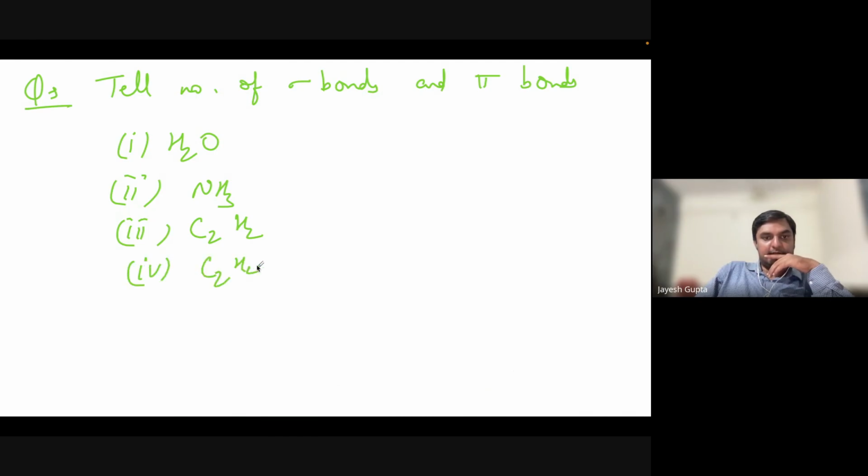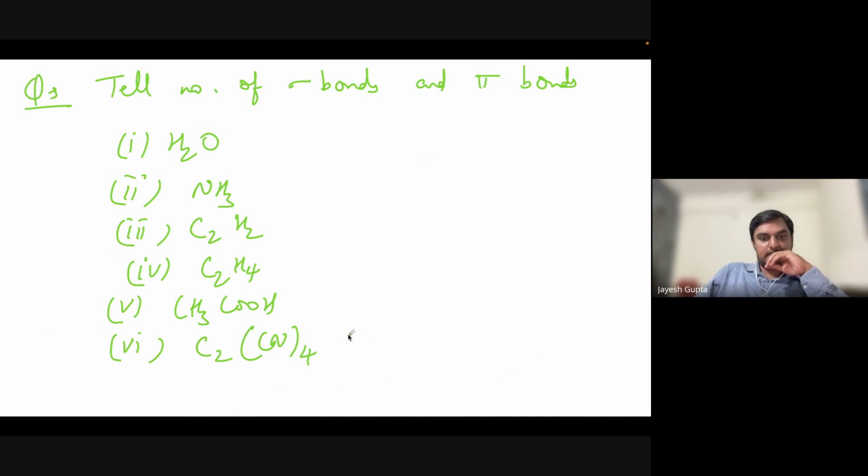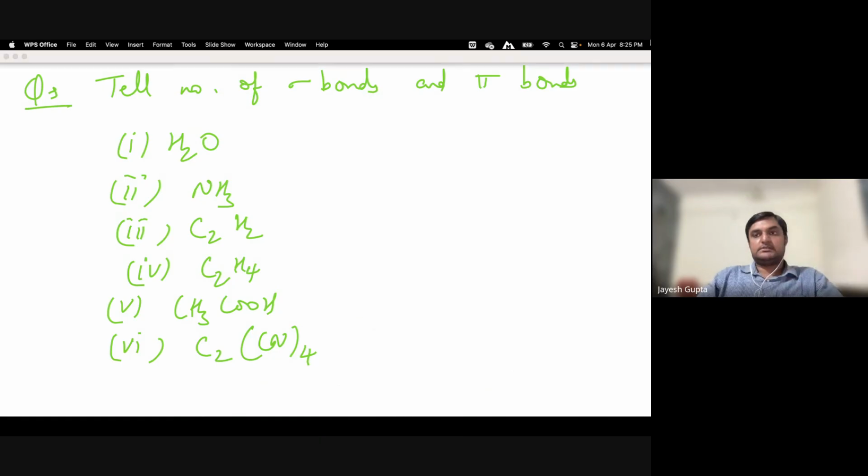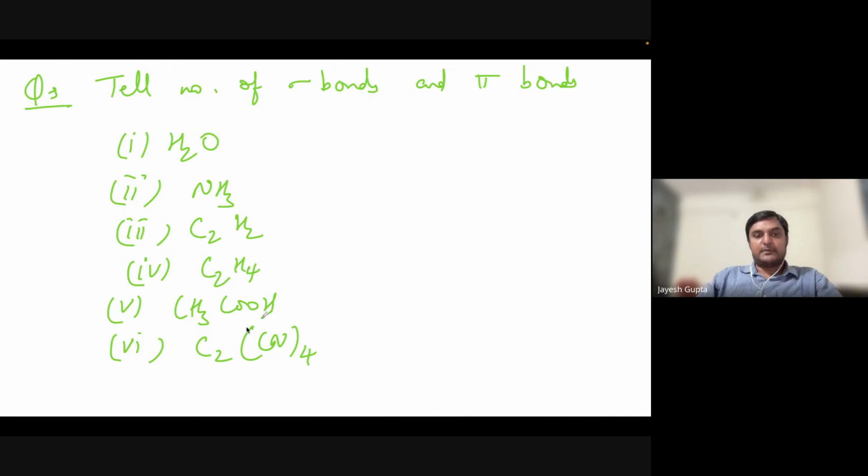Fourth is C2H4. Fifth is CH3COH. Sixth is C2CN4. Okay, I'm giving you 5 minutes. Please try this, then we'll be ending up the class.